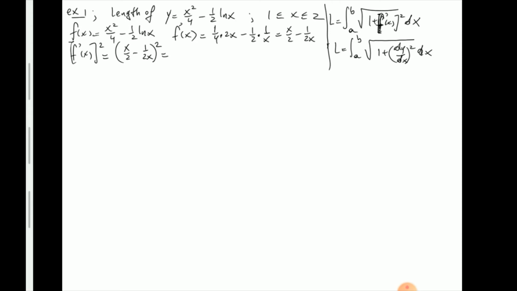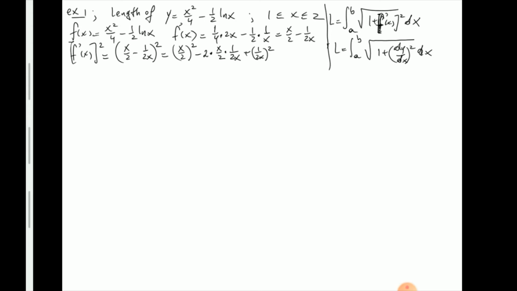So let's apply the formula that I mentioned on the previous page. That's x over 2 quantity squared minus 2 times x over 2 times 1 over 2x plus 1 over 2x quantity squared. Don't rush to simplify this. Just pay attention to the middle term.